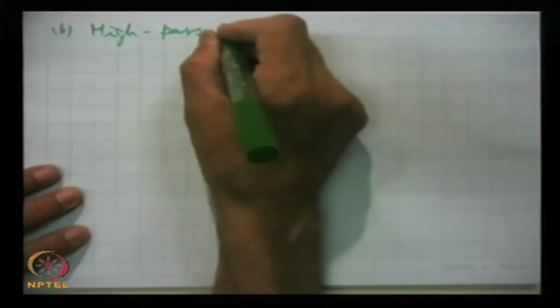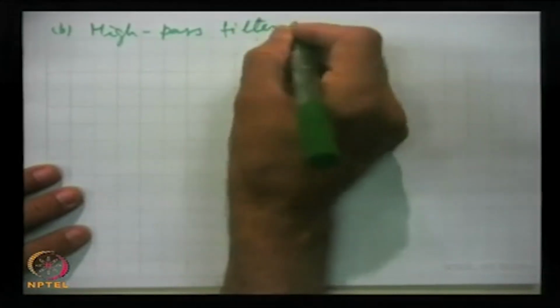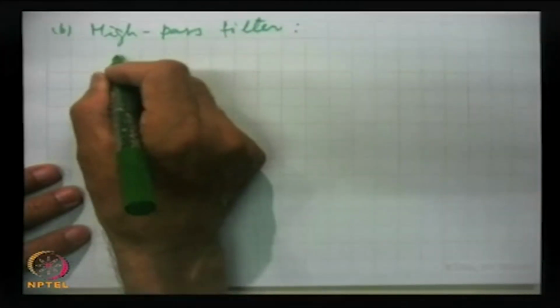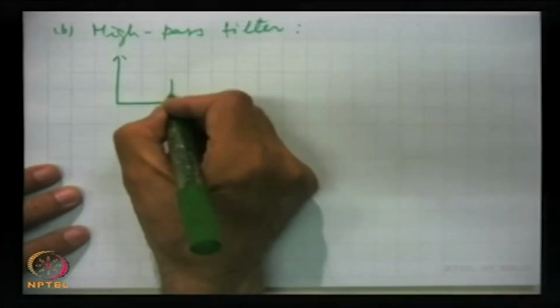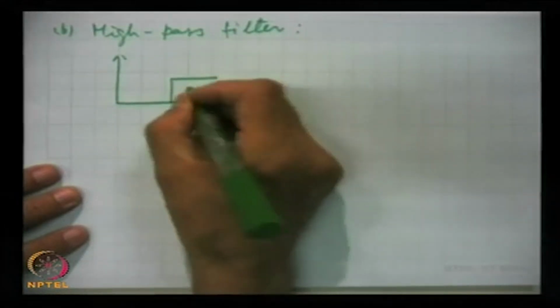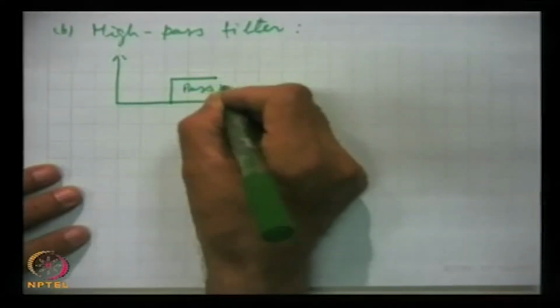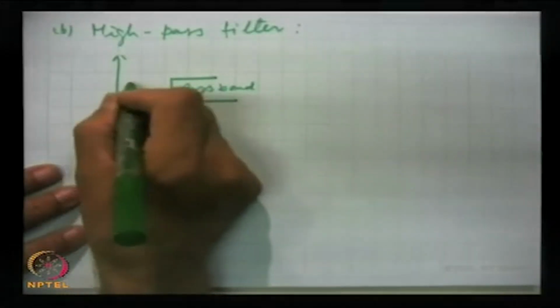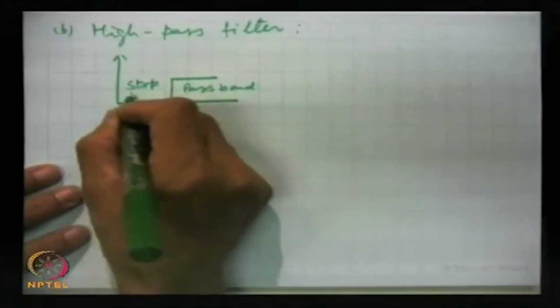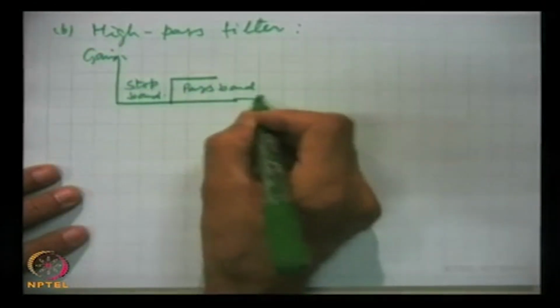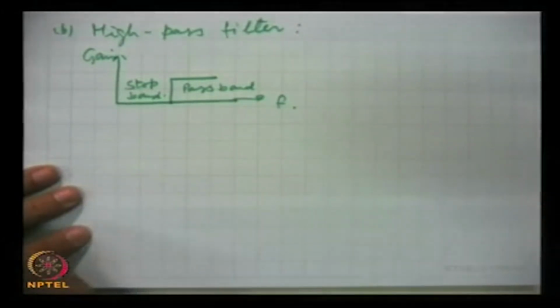Then we go for the high pass filter. The ideal case is here. This is the pass band and this is the stop band. This is gain, and of course this is frequency.